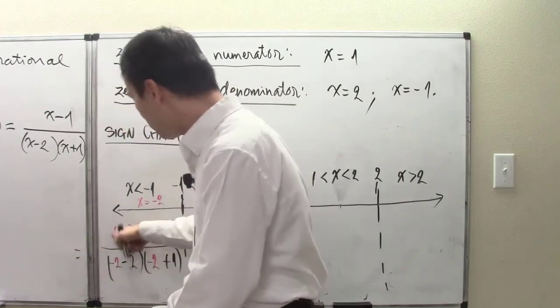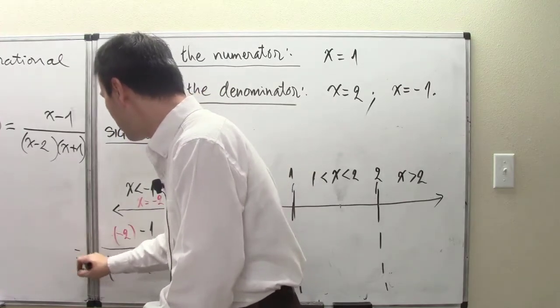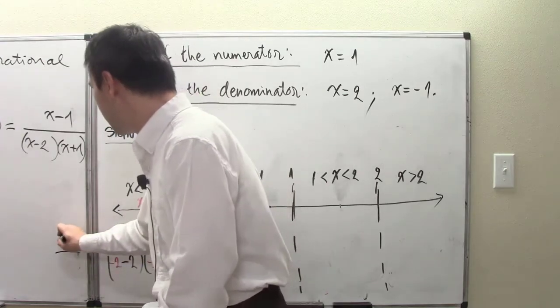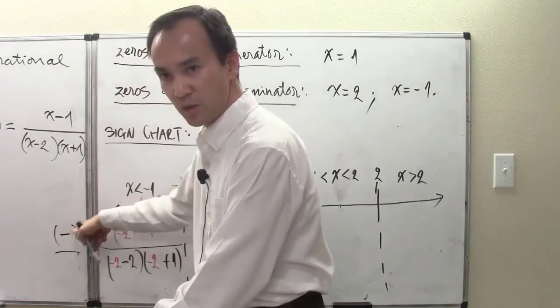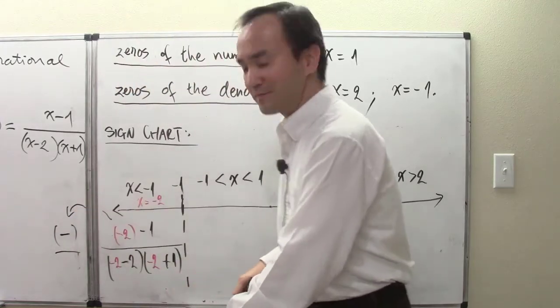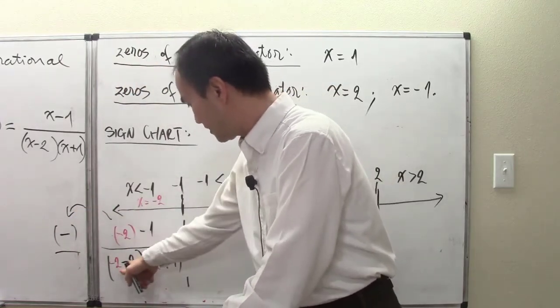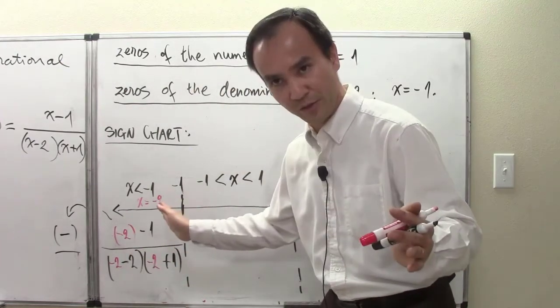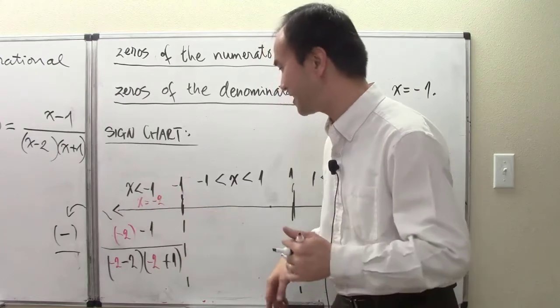You see, the numerator will be negative. That's what comes out from the numerator. The denominator, you see, this is the reason why knowing the domain is a good idea.